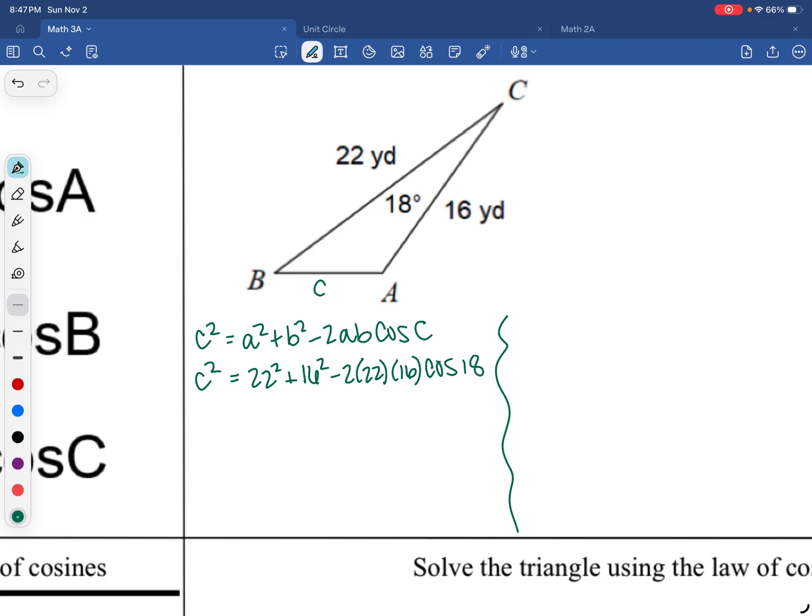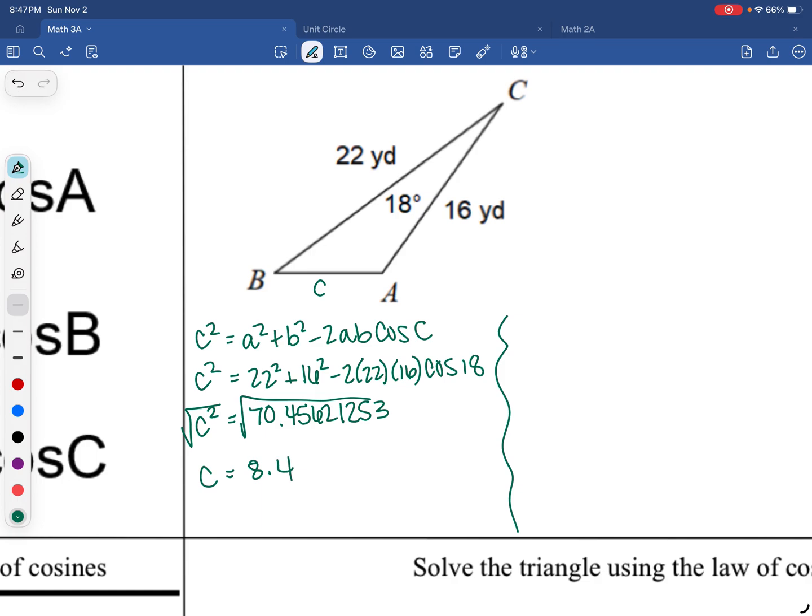Enter. Okay, that gives us that our C squared is 70.45621253. All right, square root both sides, and we get our C is 8.394. So if you wanted to say 8.4, that works.